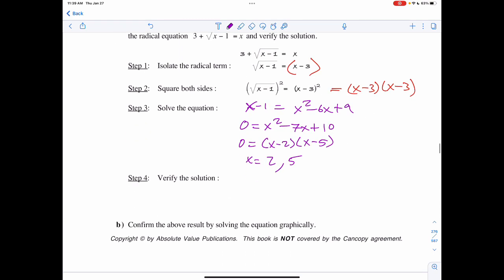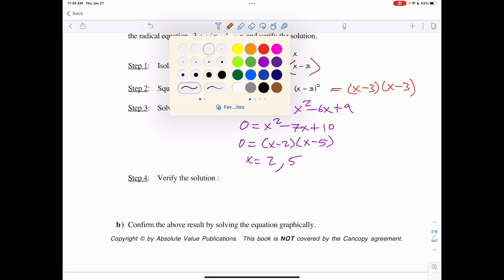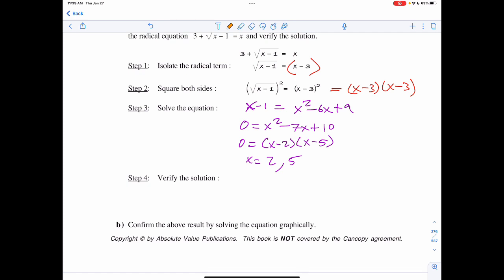So I'm going to take my first solution, and I'm going to say that 3 plus the square root of 2 minus 1 is equal to 2. You have to do the equation as it originally existed and then prove the left side is equal to the right side. 3 plus the square root of 2 minus 1 is going to give me 1. 3 plus 1 is 4, and that is supposed to equal 2.